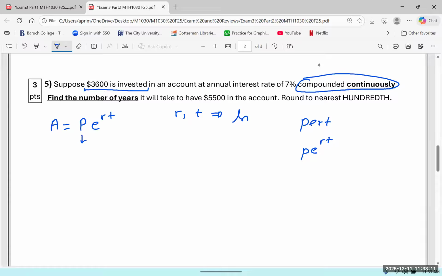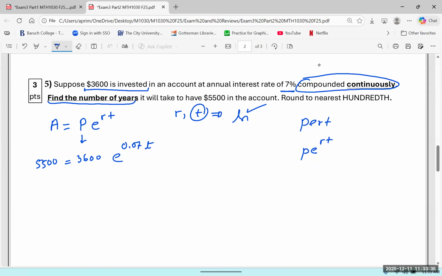So the principal is given: 3,600. And then your interest rate is 7%, so 0.07. And then they're asking for t. Since they're asking for t, we need to invite ln to solve it. And they gave us the final amount, 55,000.